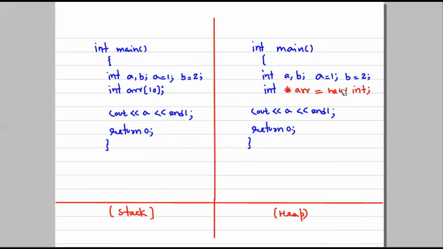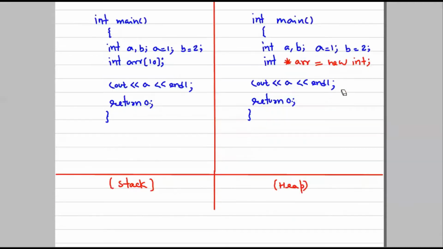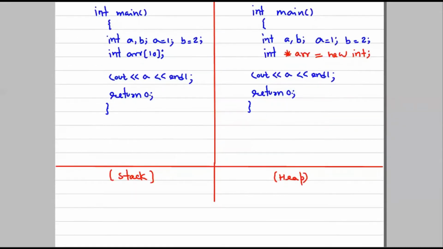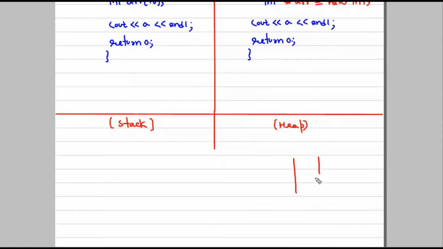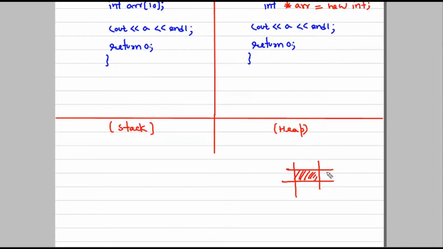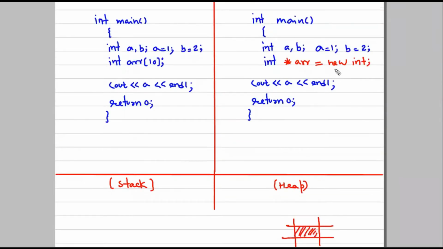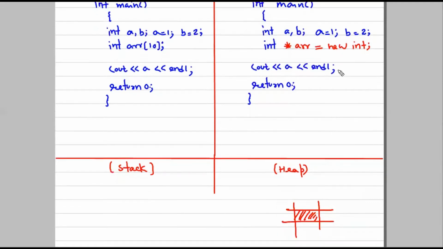Let's understand, this is a very important concept: the new keyword would create memory at heap, but we don't know how much. That is very important, that how much memory we allocate depends on the runtime.